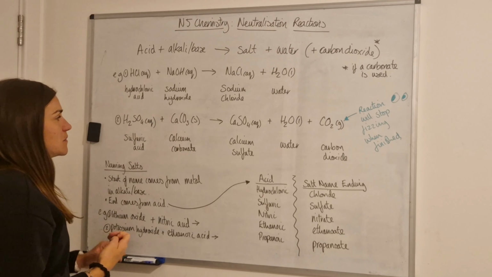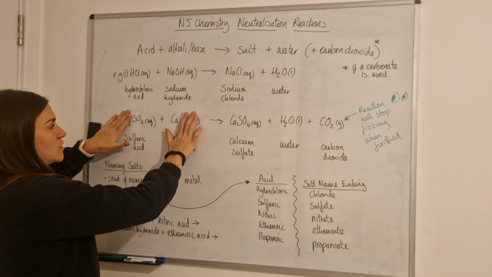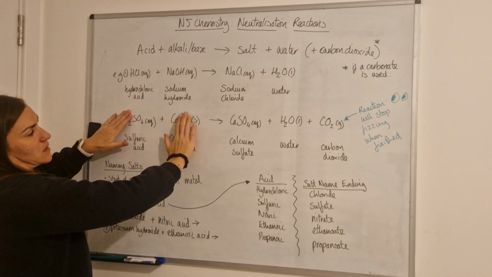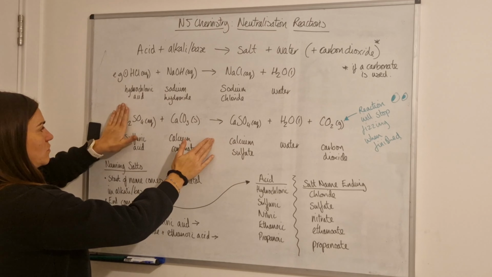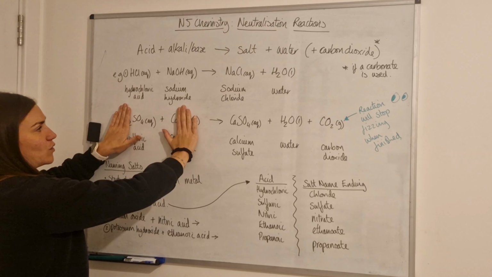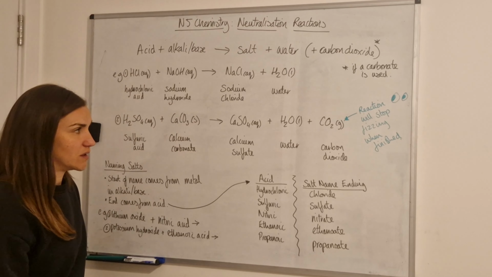With the carbonate it's a bit different because the hydrogen and the oxygen make water, then the carbon and the oxygen that's left also make the carbon dioxide. Essentially, if you cover up the hydrogens in the acid and the carbonate in the base, what's left will be your salt. So that's calcium sulfate.